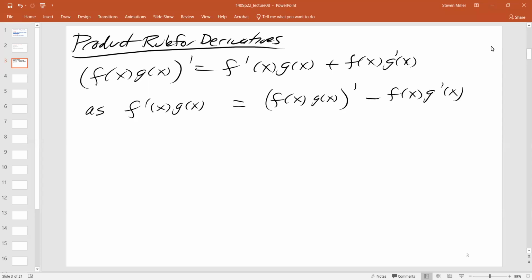And what's nice about this is that we have three expressions. One of the expressions, when we're trying to find an antiderivative, is going to be extremely easy. So which one do you think is going to be the easiest one to find an antiderivative of?